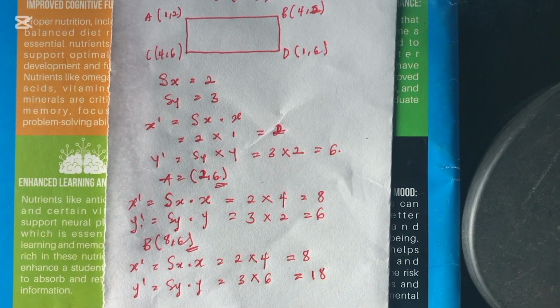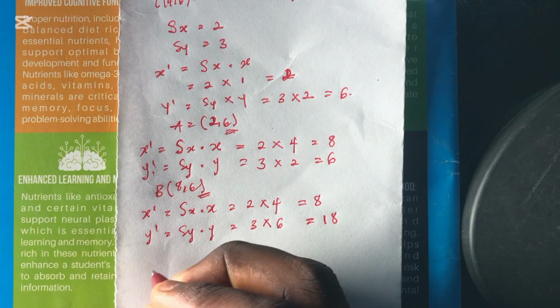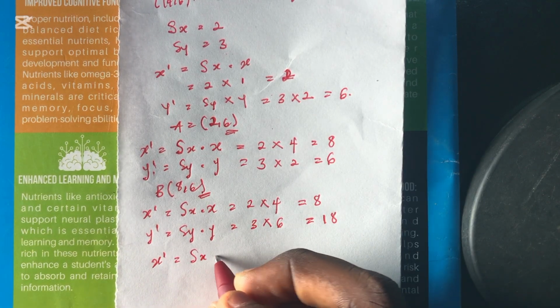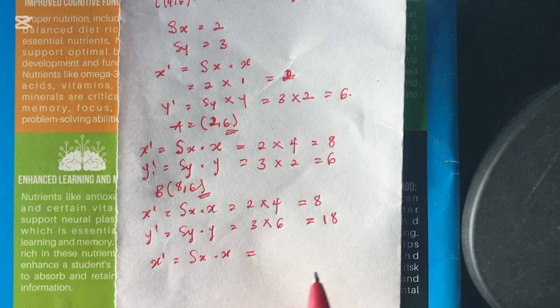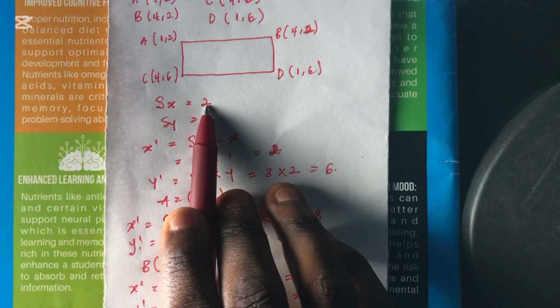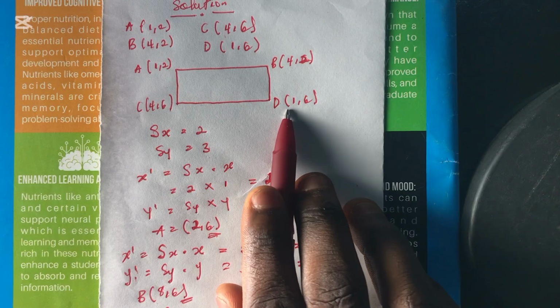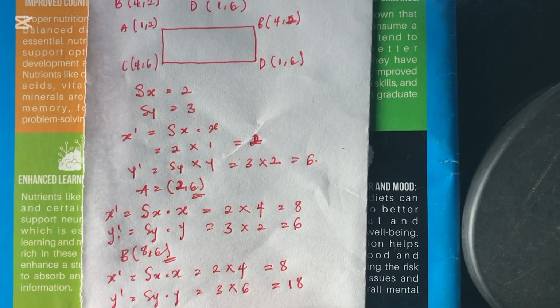For the last one, D, x prime is the scale factor multiplied by x. The scale factor for x is 2, multiplied by the x of D, which is 1, giving 2.